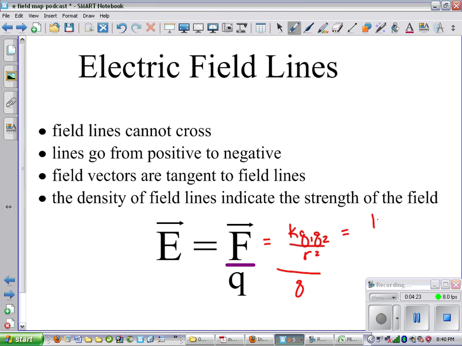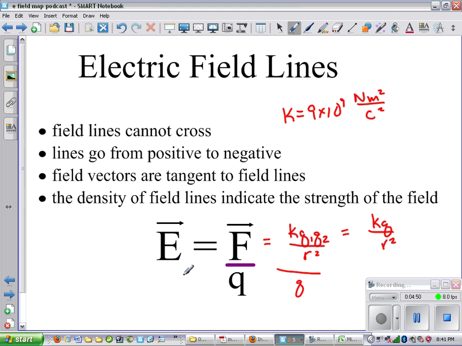So this reduces to K Q over R squared. So we will be looking at K, which again is 9 times 10 to the 9th newtons meter squared divided by coulomb squared, the size of the charge and the distance between them squared.